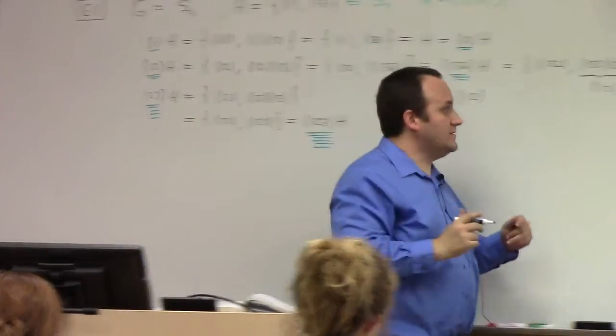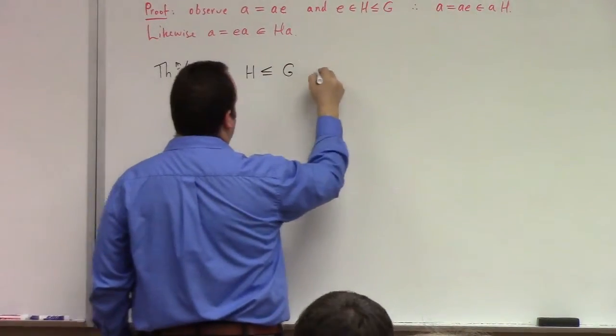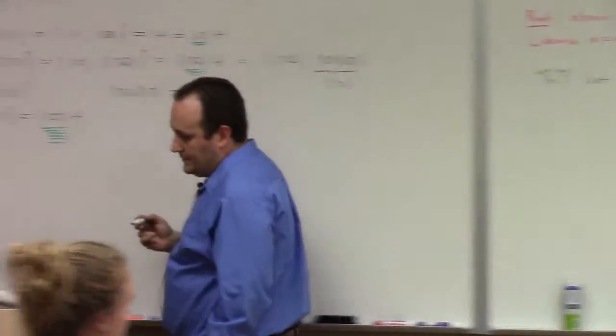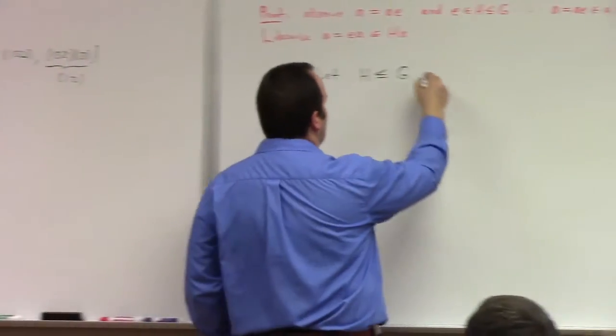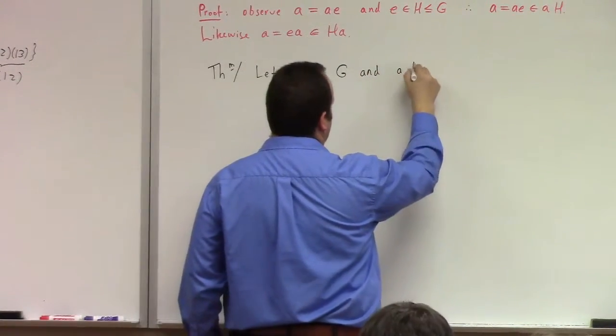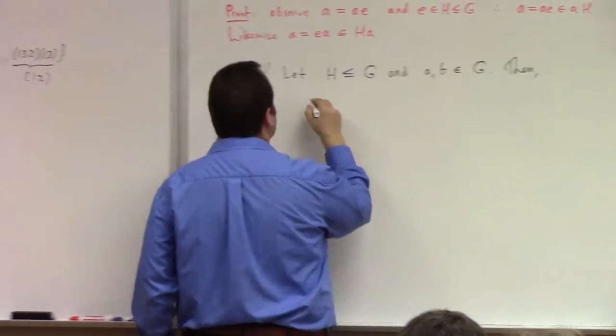Let H be a subgroup of G, all right? And a and b be elements of the group G. Then we have a few things.